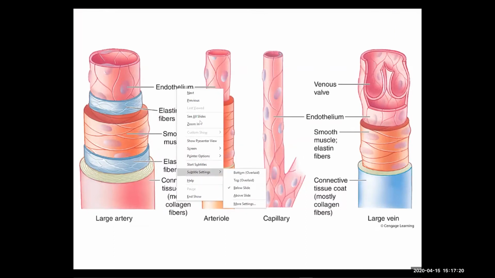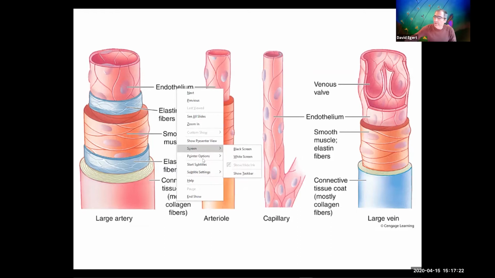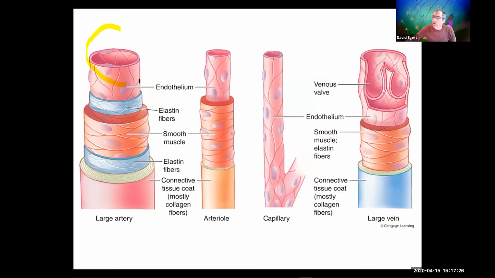It's simple squamous epithelium, also called the tunica intima. Sometimes when you're reading about the cardiovascular system, they'll say intima or call it endothelium.